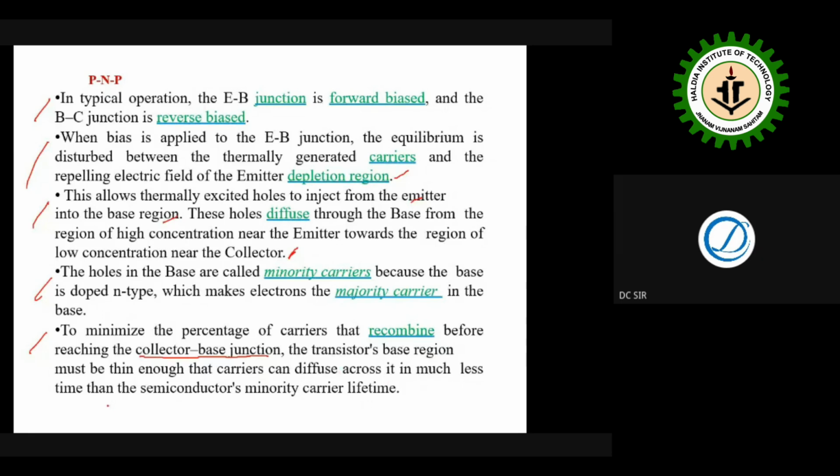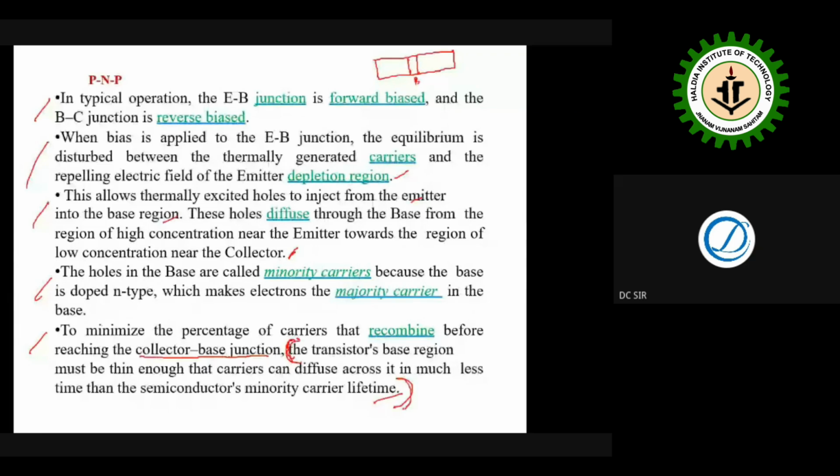So we see the area of the base is very thin, which is maintained in this portion. Due to this reason the width of the base is very thin.